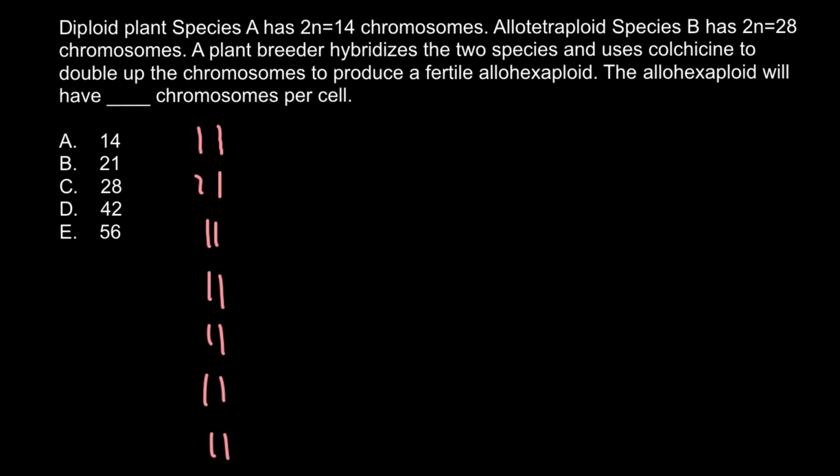For, say, chromosome number 1, we would have 4 chromosomes, 2 from one species and 2 from the second species. So this is going to be a hybrid of two species, and this allo tells us that this is a hybrid between two closely related species. Tetraploid means that, for example, chromosome number 1 would be present in 4 copies.